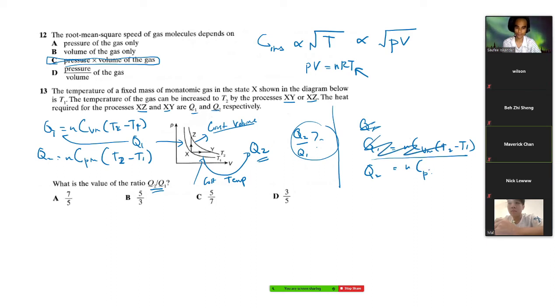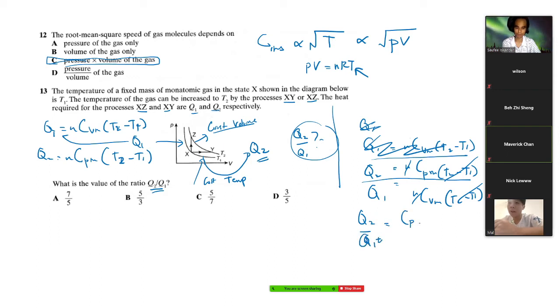Q2 equals nCpm(T2 minus T1). Q1 equals nCvm(T2 minus T1), because Q2 is above Q1. So the minus signs cancel. So Q2 over Q1 is actually Cpm divided by Cvm.